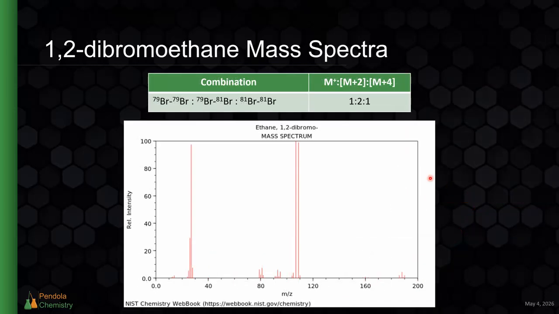Now the last ratio you should be able to identify is one where we have two bromines. This is 1,2-dibromoethane, so the exact same molecule but with bromines instead of chlorines. So I'm going to draw them here real quick.